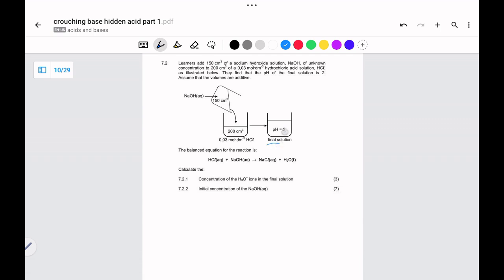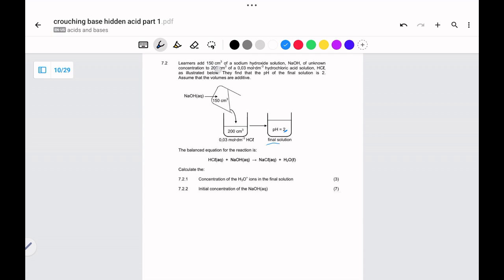Here's the final solution. It has to do with this pH, so that's not complicated. That's why it's for 3 marks. But the big one, they want the initial concentration of the sodium hydroxide. Because of course, we only had a volume for the sodium hydroxide.